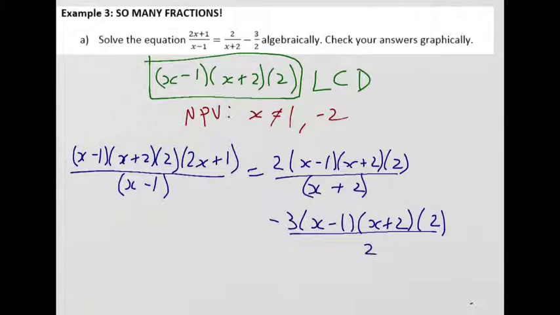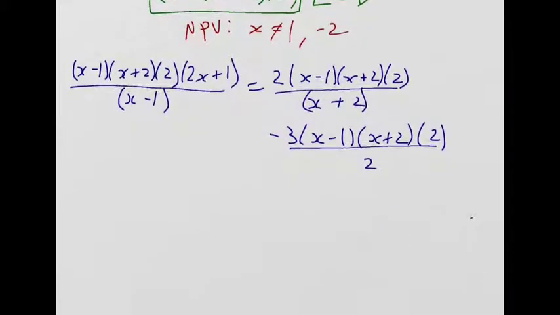Okay? So what happens when I do that? Well, this guy cancels, right? The purpose is to eliminate my denominators. So I was successful that time, as well as this time, and this time.